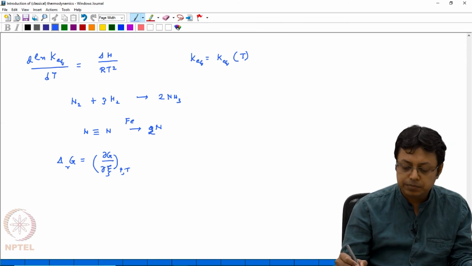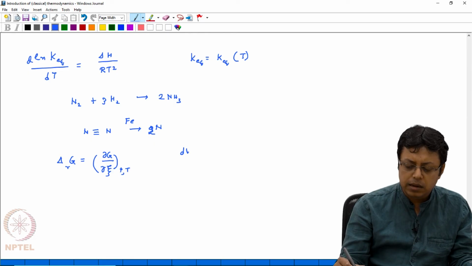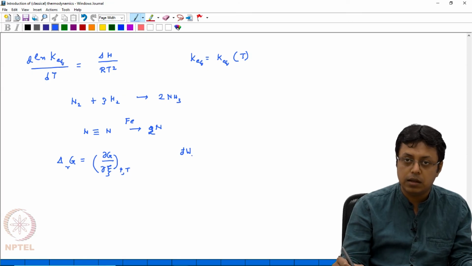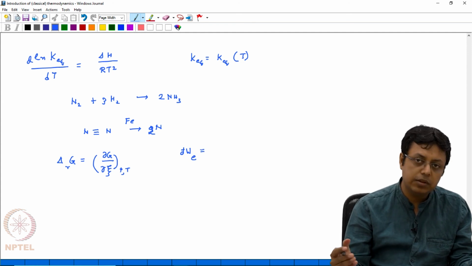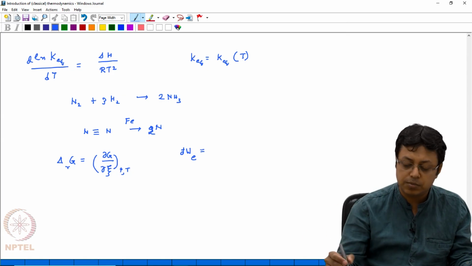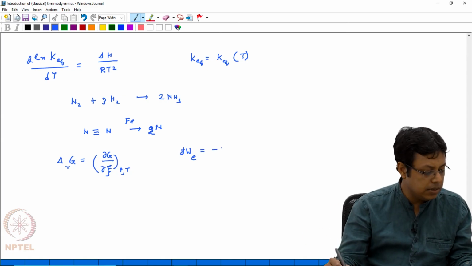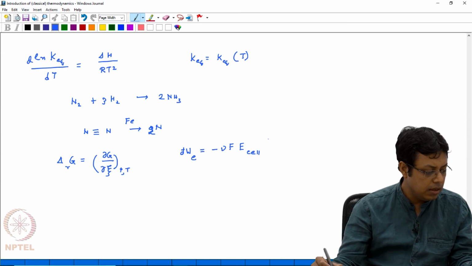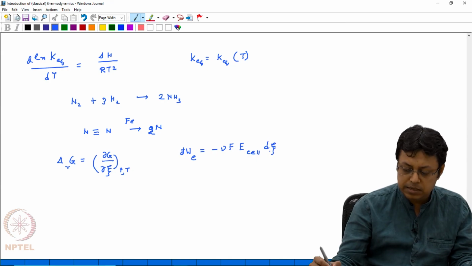And then we equate the work done, or the differential work done, I am writing đ again because the work done is not a state function, or this đW is not an exact differential. The electrical work done, if you think that I am moving a positive charge across a potential, will be minus nu F E cell, where E cell is the electromotive force of the cell, times the dψ.